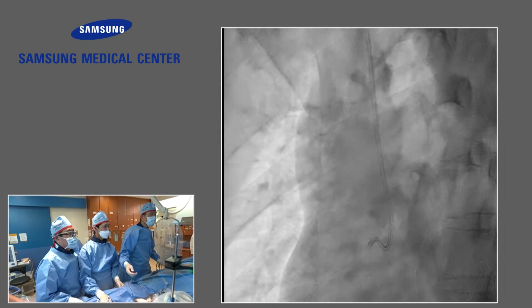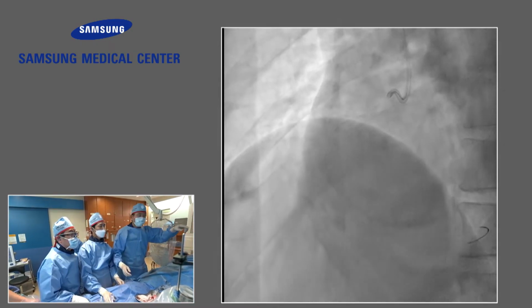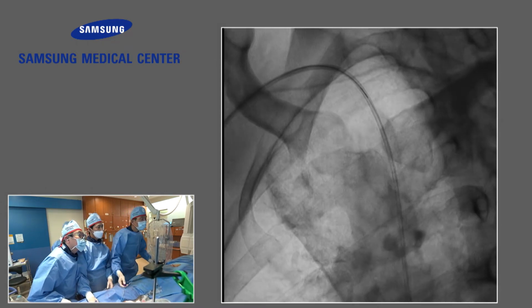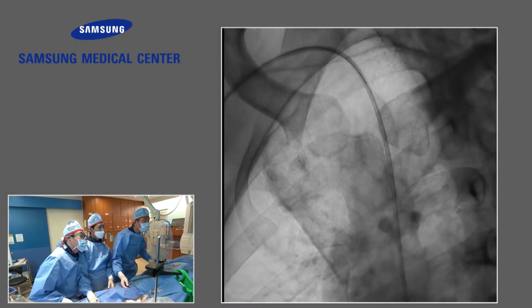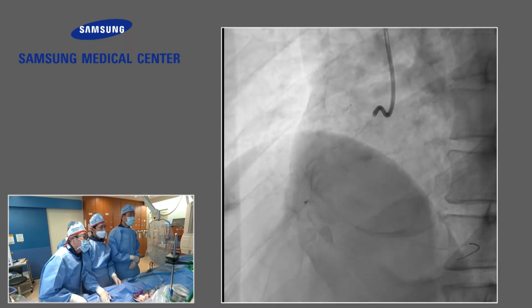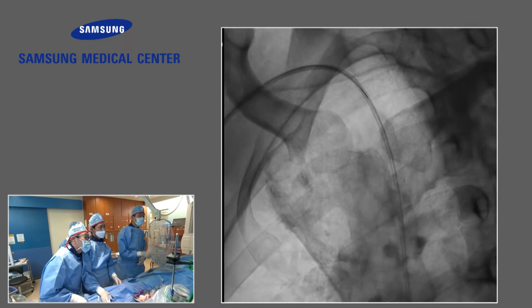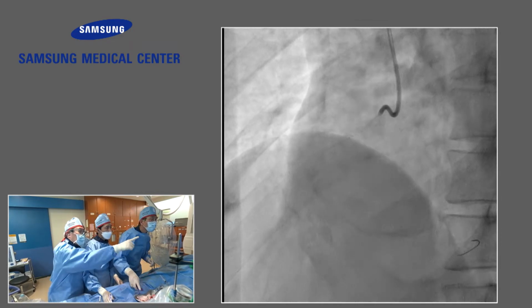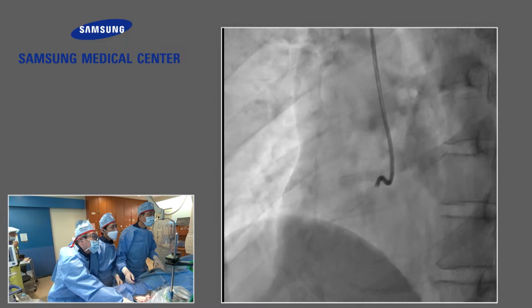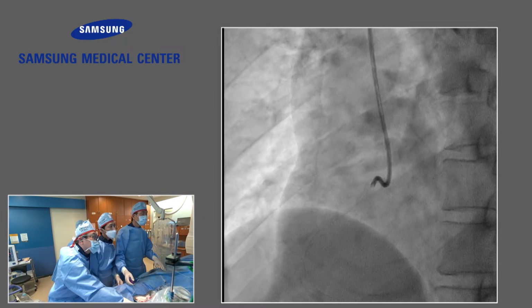Very gentle angiography from above. There is a filling defect there. Okay, you can see the filling defect here, right?